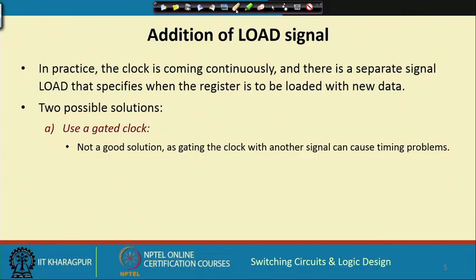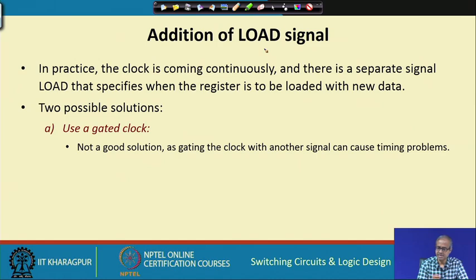So, there should be some kind of a control or facility available to me as a designer, so that I can say that well, now you have to load the data, let the clock come, but whenever I say load, only then you load the data, and at all other times do not disturb the content of the register. Whatever was stored, let it be there. Okay. So, here we are talking about the addition of a load signal.